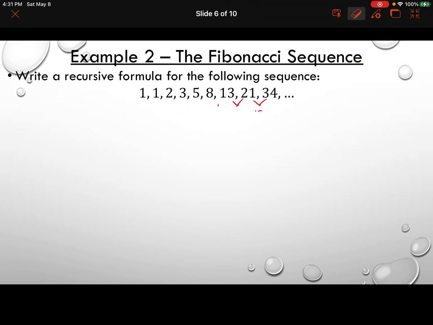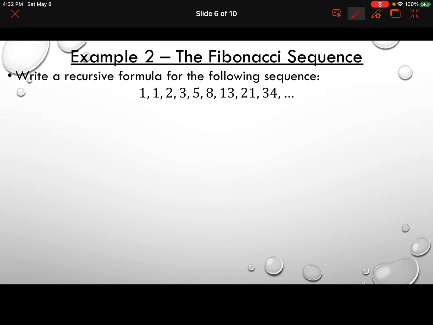Some of you might have seen it before. And it's famous because of the way it's constructed. So here you'll see that if we just took the difference between the numbers, we can't really figure anything out. But if we did something else, look at this.